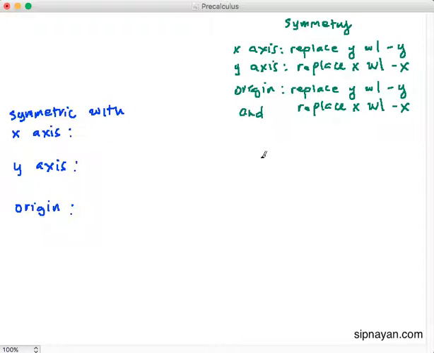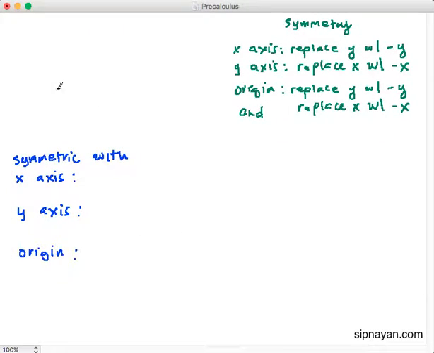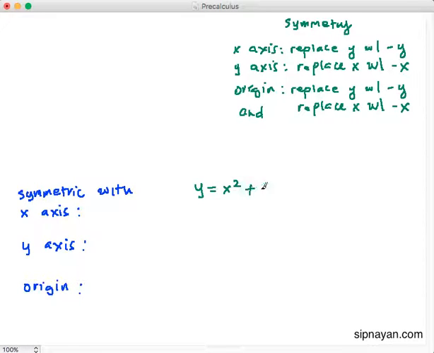So, let's have some examples here. The first example is y equals x squared plus 1. Let's check, is it symmetric with the x-axis?